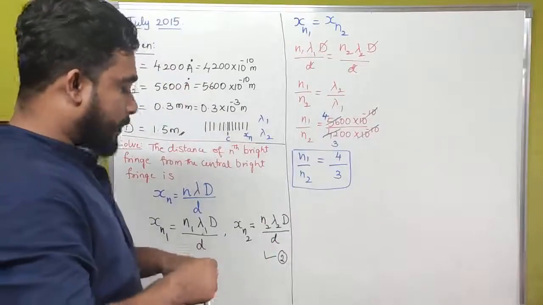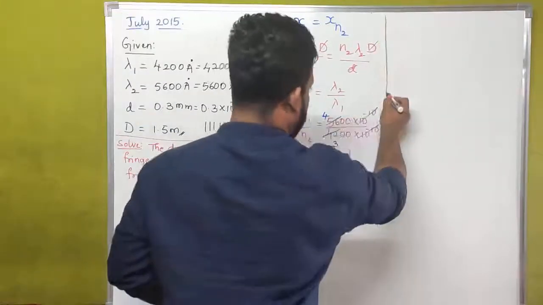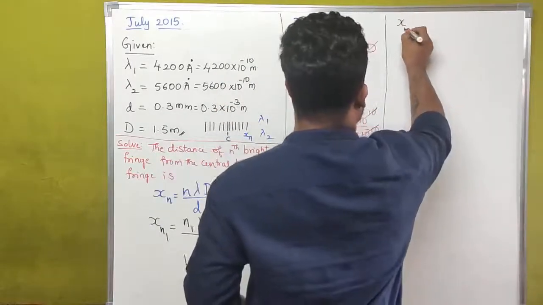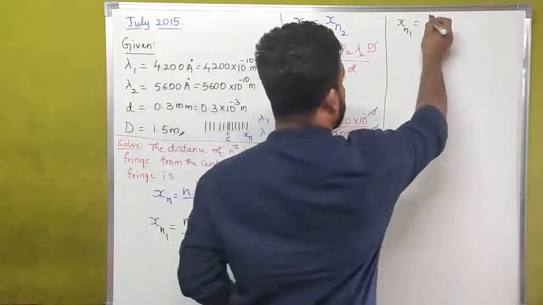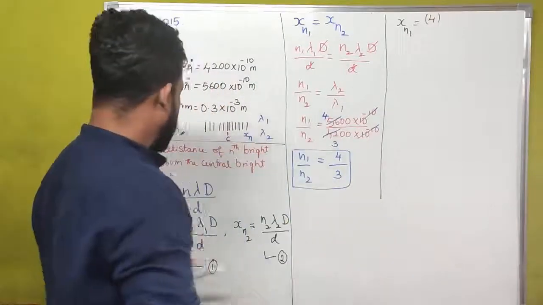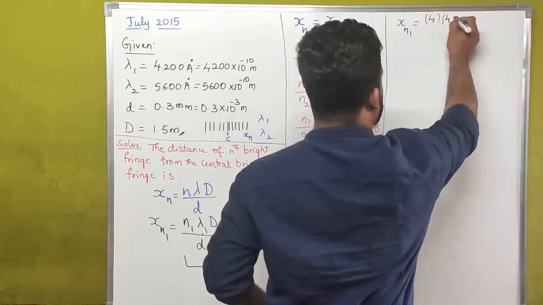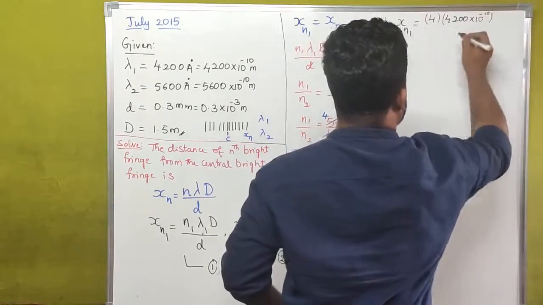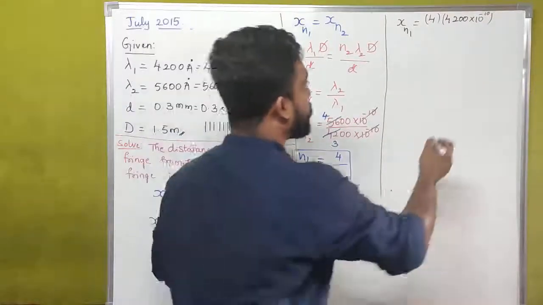Now if we calculate the value of xn1, what will we get? xn1 is equal to n1, which is 4, into the wavelength lambda 1, which is 4200 Armstrong, that is 4200 into 10 to the power of minus 10, and the value of capital D is 1.5 meter.